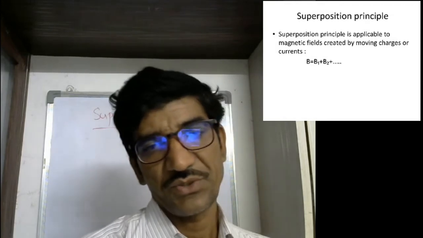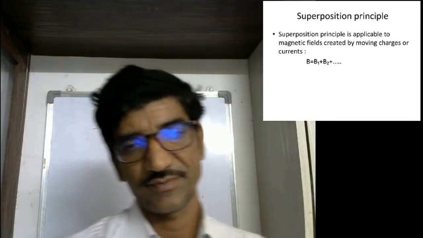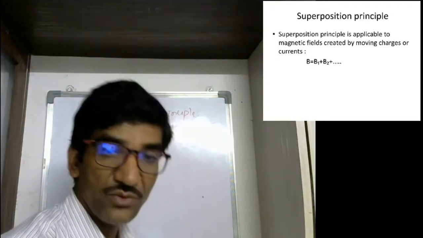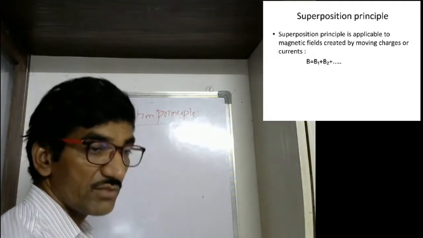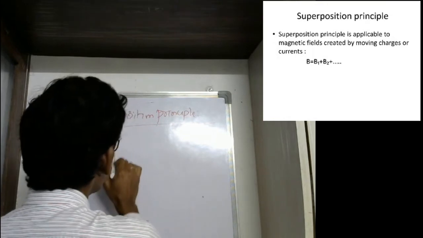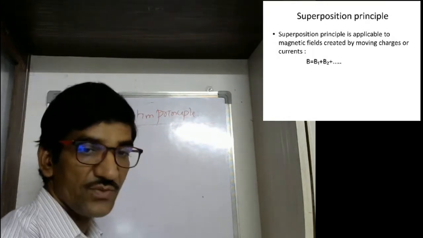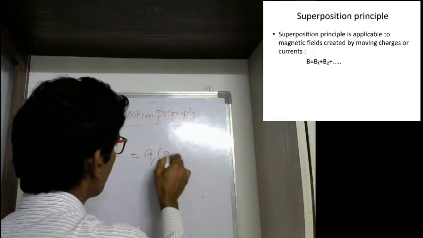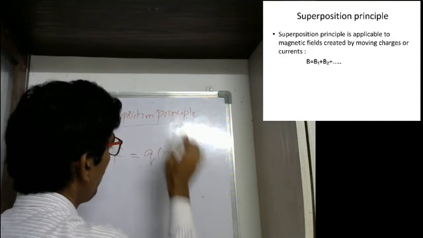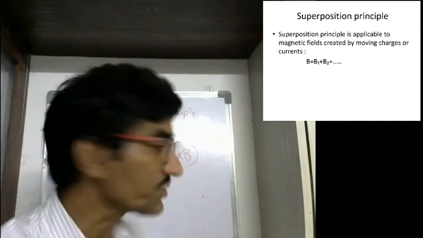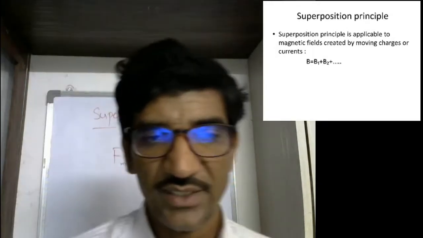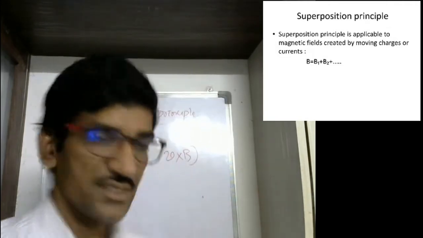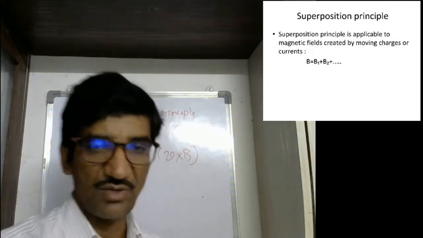How can you know that? You can know this from the formula which we discussed yesterday, F is equal to q v cross B. In the previous class we considered this magnetostatic force formula to define B. That's why we did not discuss this formula thoroughly today.